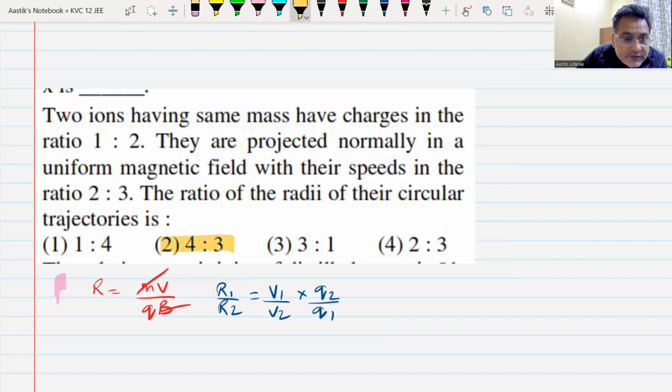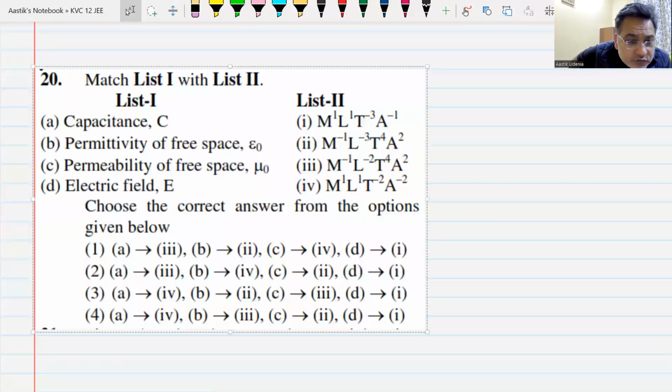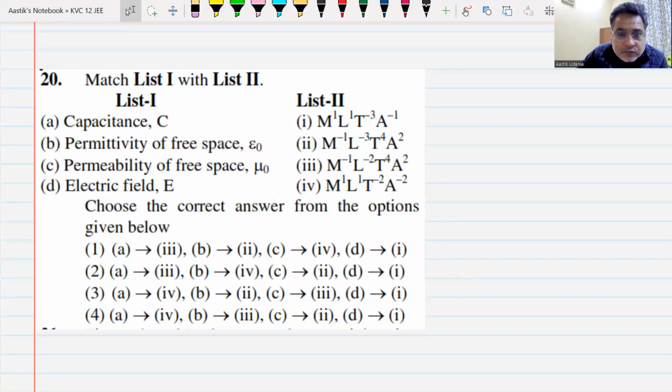Okay, revision time, my dear friends. Here comes the question, JEE Advanced. You have 2 minutes to give me the answer for this one. Option 1 is correct.